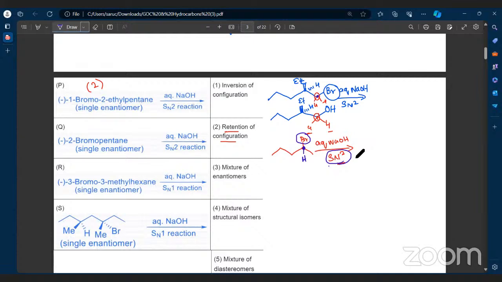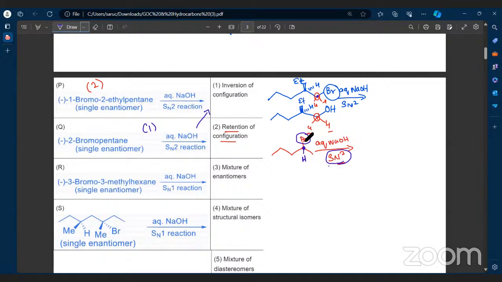So what would be the configuration, retention or inversion? Very good. Inversion of configuration. So the configuration will get inverted.